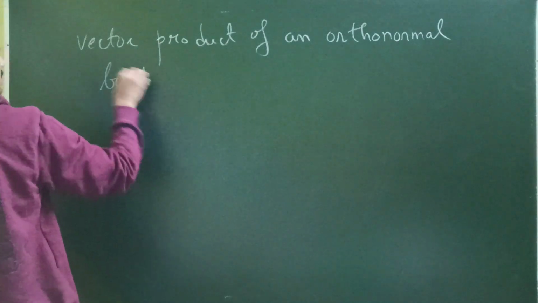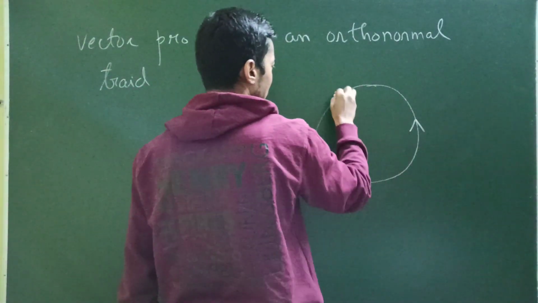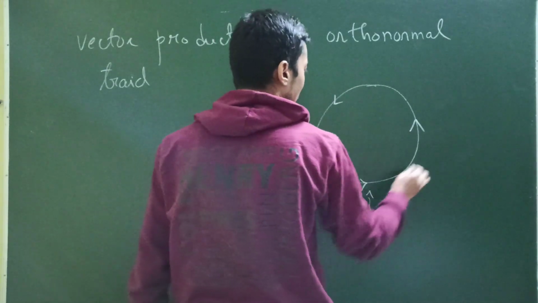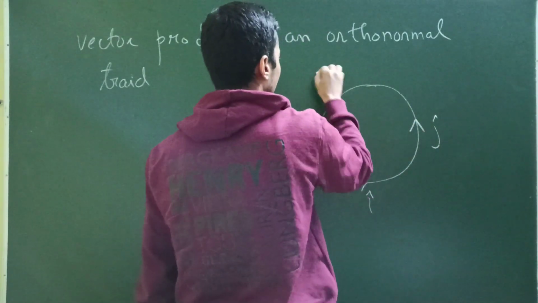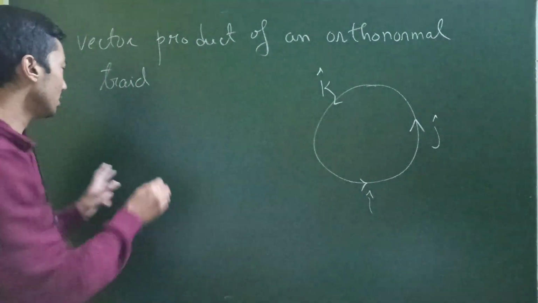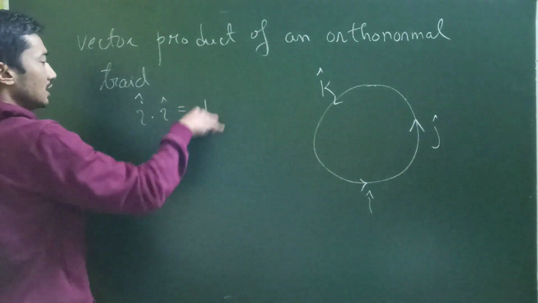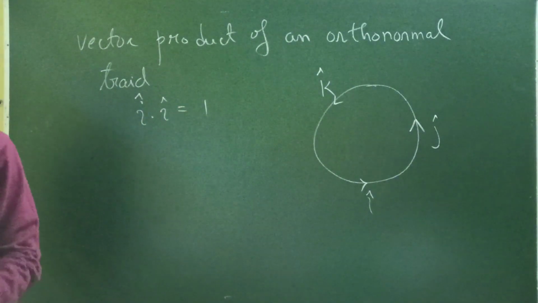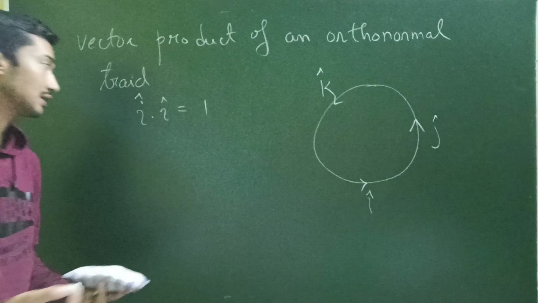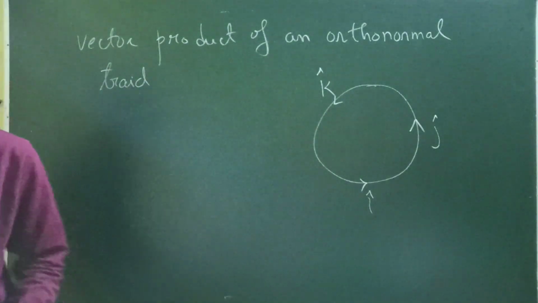If you remember this system, I'll just keep it in the anti-clockwise direction, I, J, K. So if you remember, while we were doing dot product, I dot I was 1, isn't it? We had discussed that. Now let's see what happens with the cross product also.